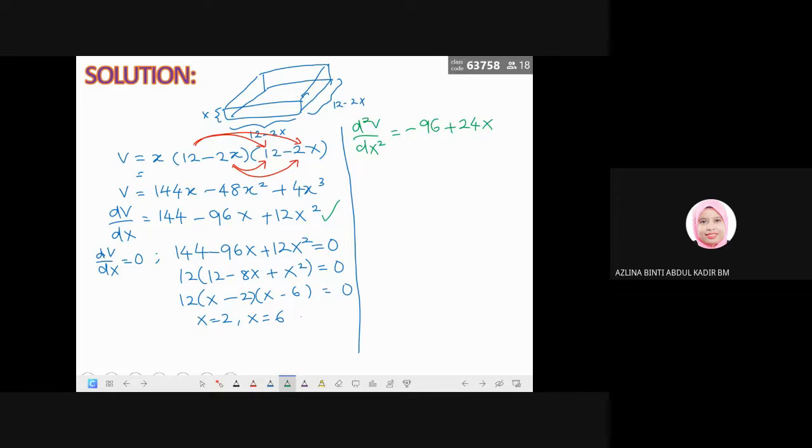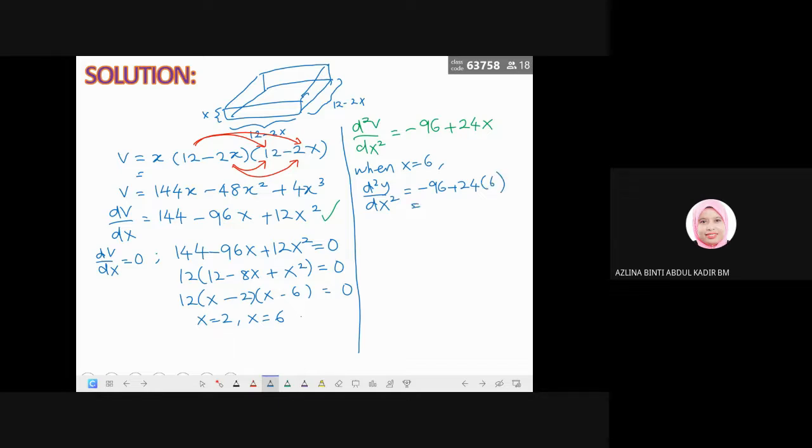Then we check which one is maximum. When X is equal to 6, d squared V/dX squared is equal to negative 96 plus 24 times 6.